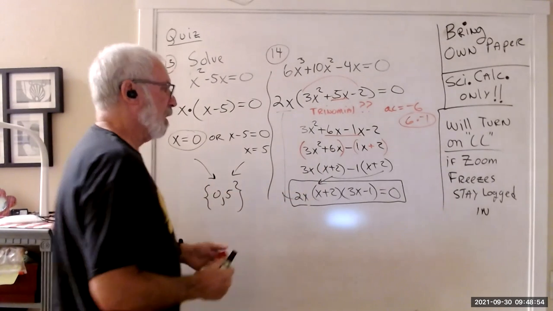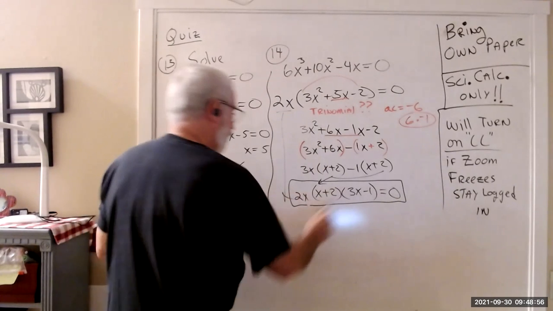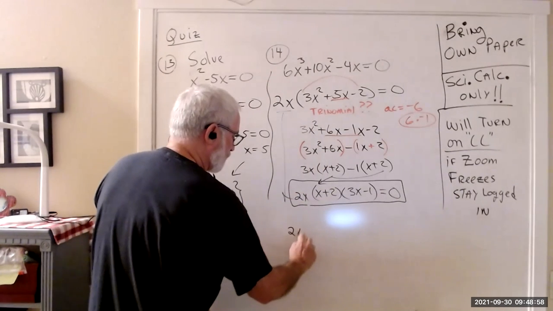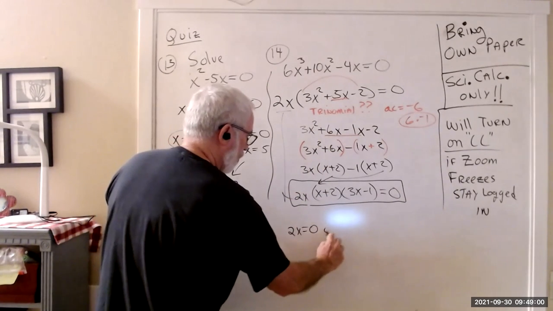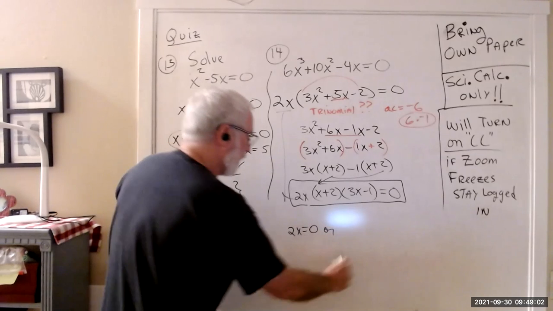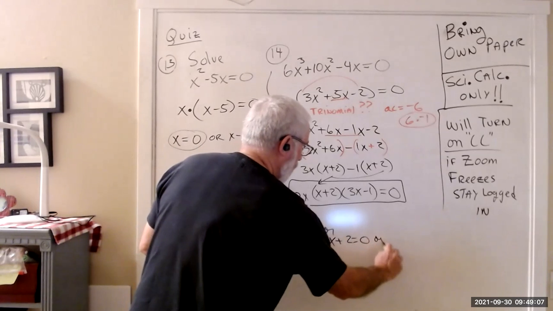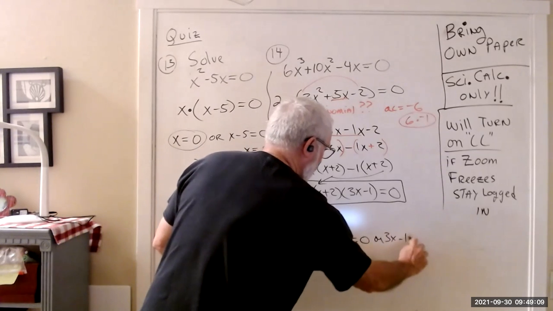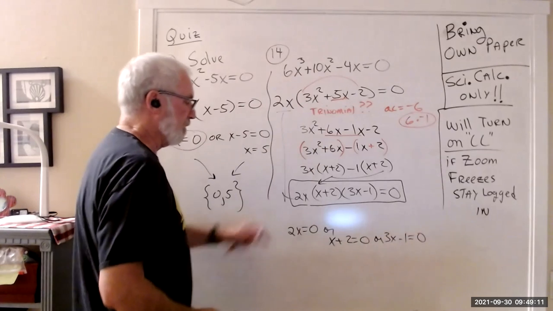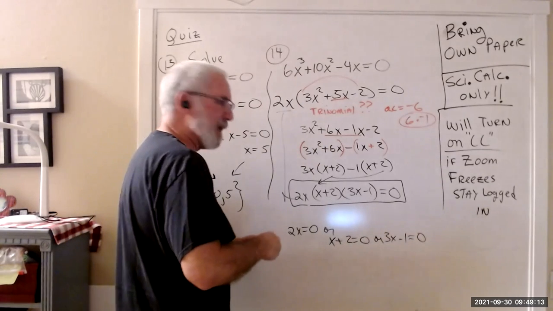Okay, I am going to skip a step. We're supposed to split it and go, okay, that means 2x equals 0, or x plus 2 equals 0, or 3x minus 1 equals 0. Those are what I call the babies.